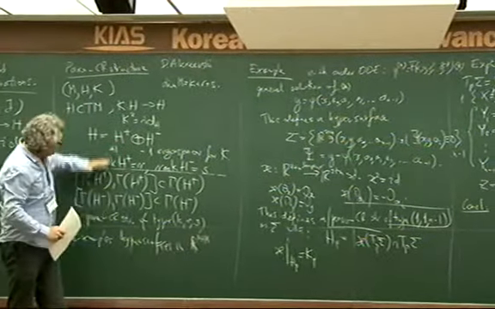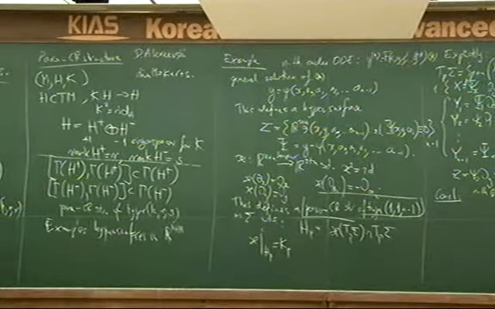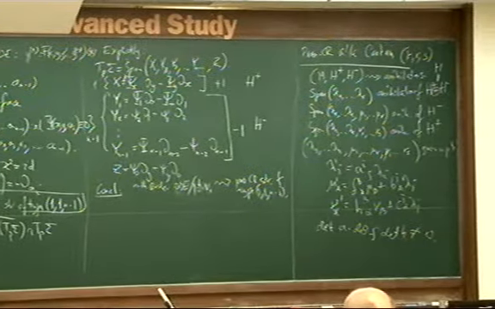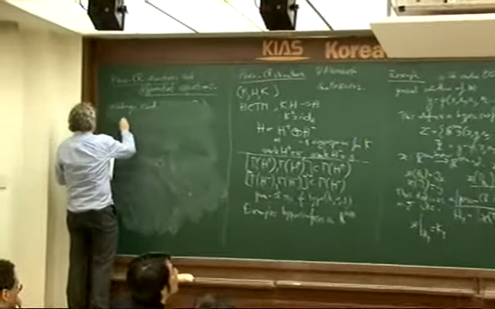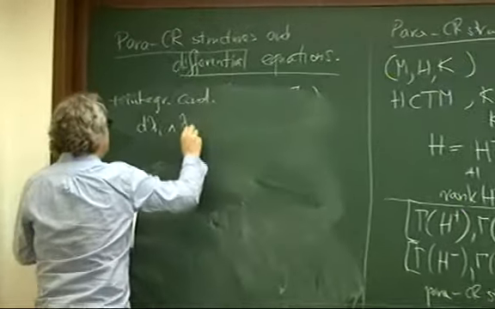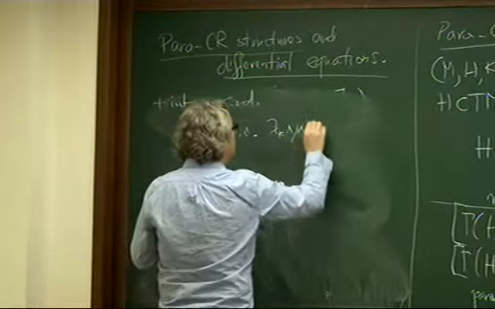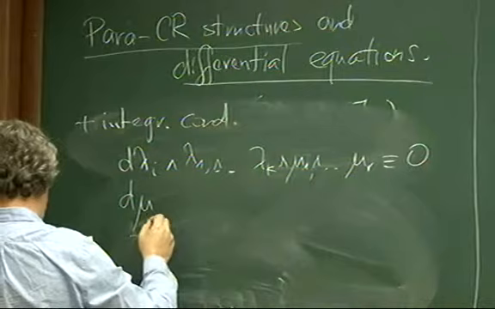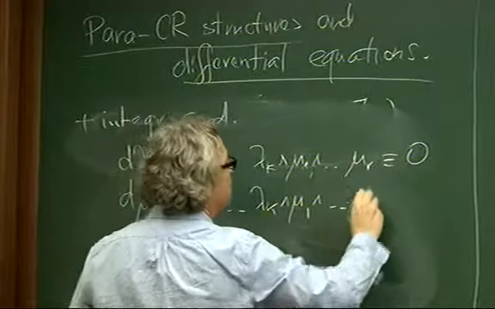In my definition, I need to add the integrability conditions, which in the language of my one forms are the following: d lambda_I wedge lambda 1 wedge lambda k wedge mu 1 wedge mu r must be 0, d mu_A wedge lambda 1 wedge lambda k wedge mu 1 mu r must be 0.